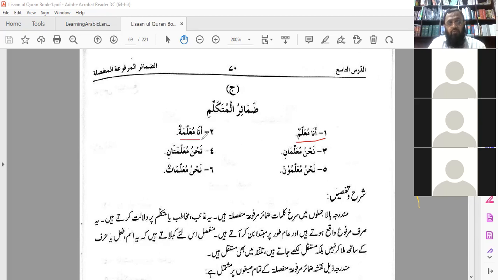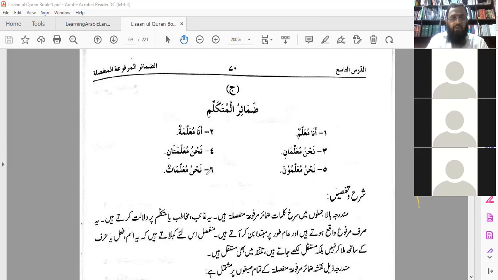And Ana muallimatun, this is for muannath. Nahnu muallimani, Nahnu used for two. Nahnu muallimatani, again for two females. And Nahnu muallimuna, Nahnu for jama muzakkar mutakallim. And Nahnu muallimatun, jama muannath mutakallim. Is that clear now?